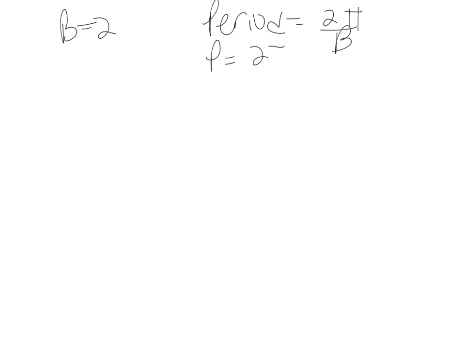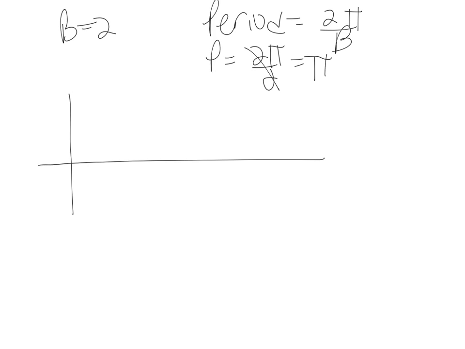So if b is 2, we know that the period equals 2 pi over b. So here the period is 2 pi over 2, which is pi. So what this means is that the graph completes one full revolution between 0 and pi.